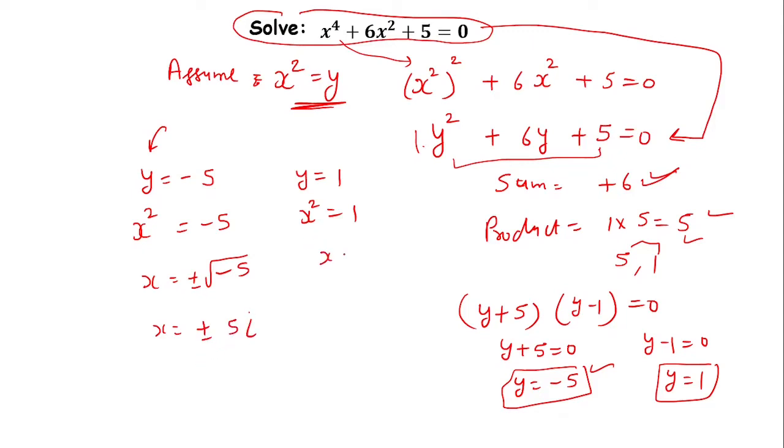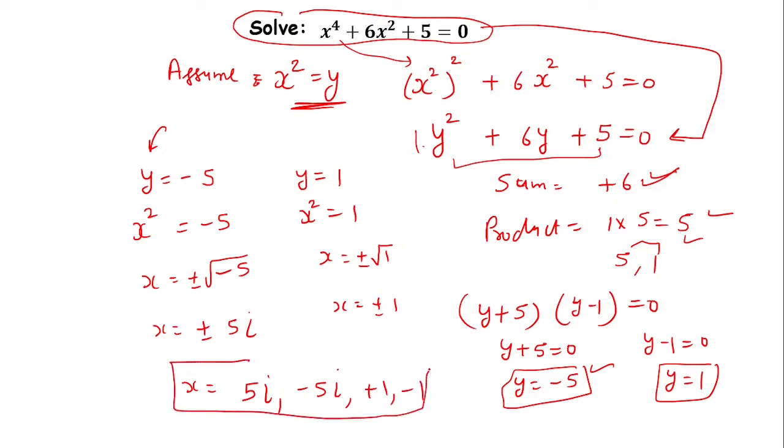Here, if you remove square, that becomes square root, and square root of 1 is 1. So I have 4 final answers: 5i, -5i, +1 and -1. So this is my final answer.